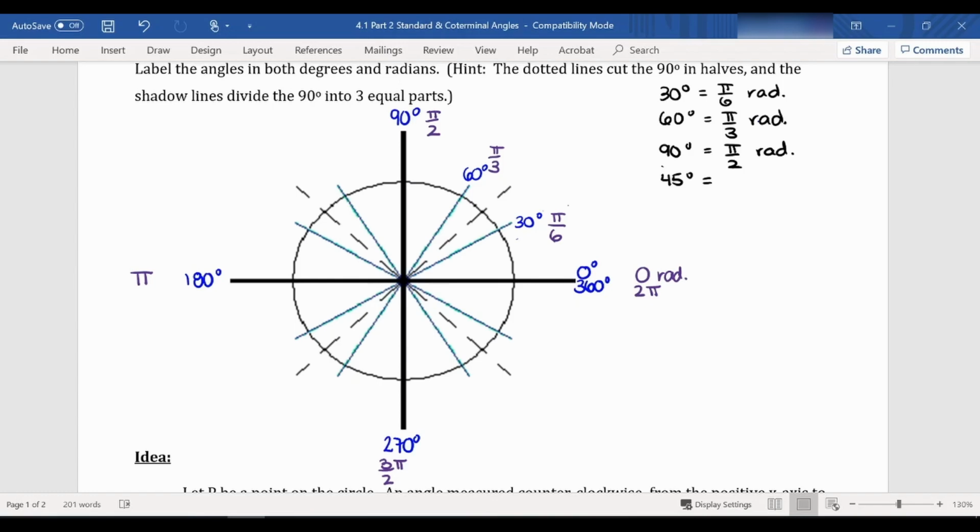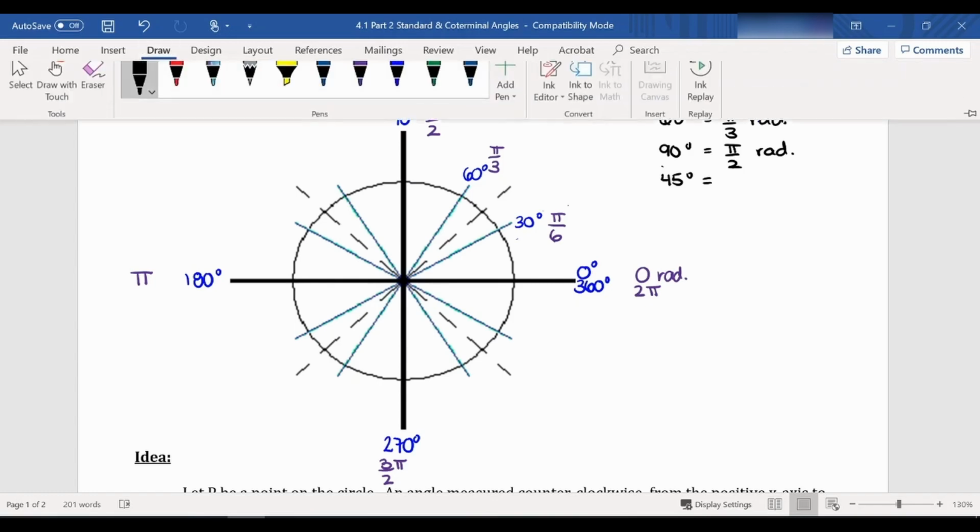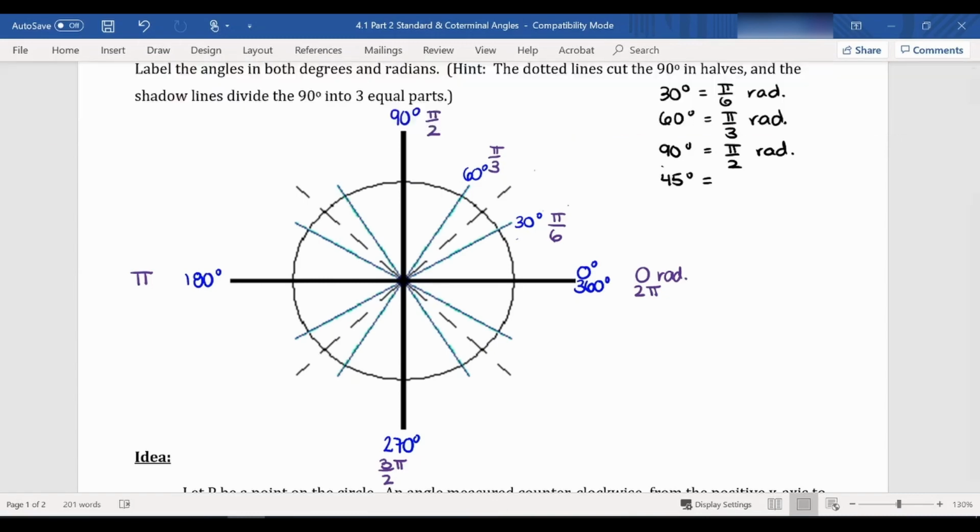So if I look at my first quadrant here, I also have this dashed line. This dashed line looks like it's cutting that quadrant in half. If I cut 90 degrees in half, I would get 45 degrees. And my corresponding radians, if I cut pi over 2 in half, I would get pi over 4. So that gives us our last special angle here.